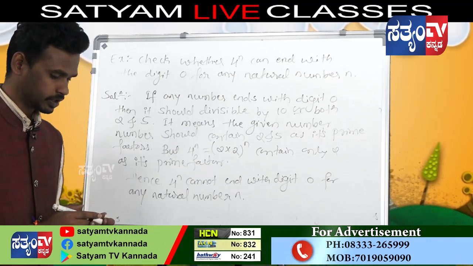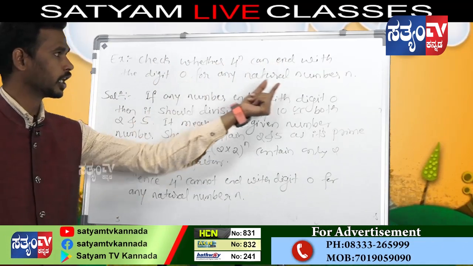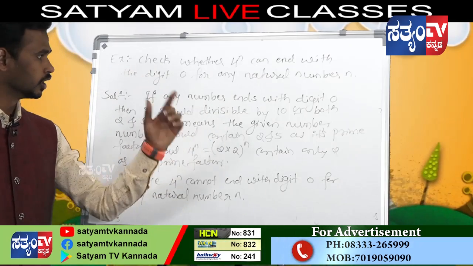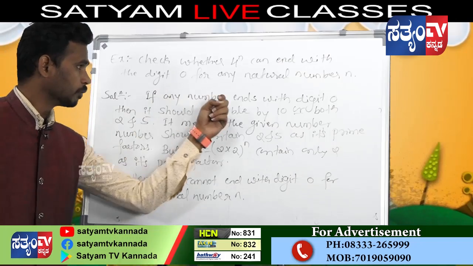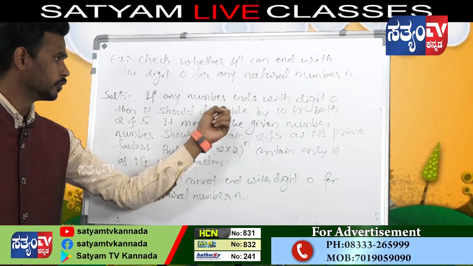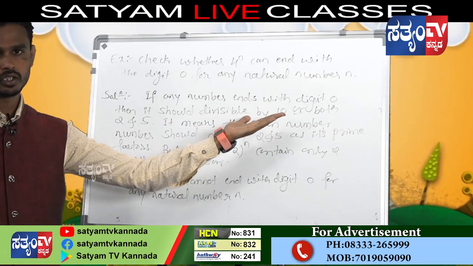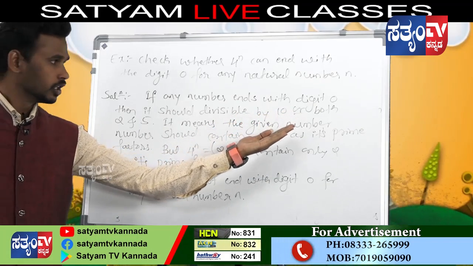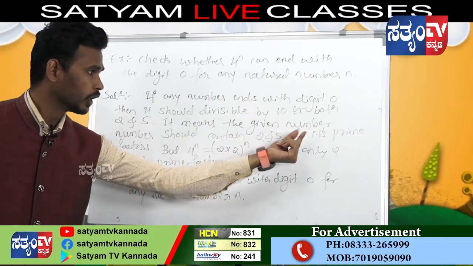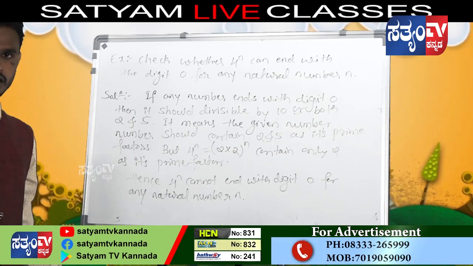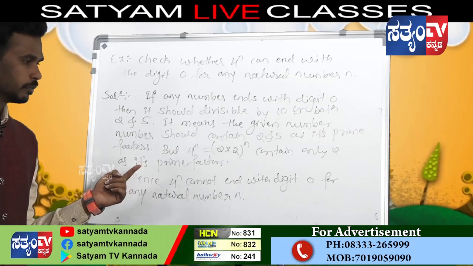Okay students, let's see once again. Check whether 4 raised to n can end with digit 0 for any natural number n. This is the question. If any number ends with digit 0, then it should be divisible by 10, or both 2 and 5. So the given number should contain both 2 and 5 as its prime factors.